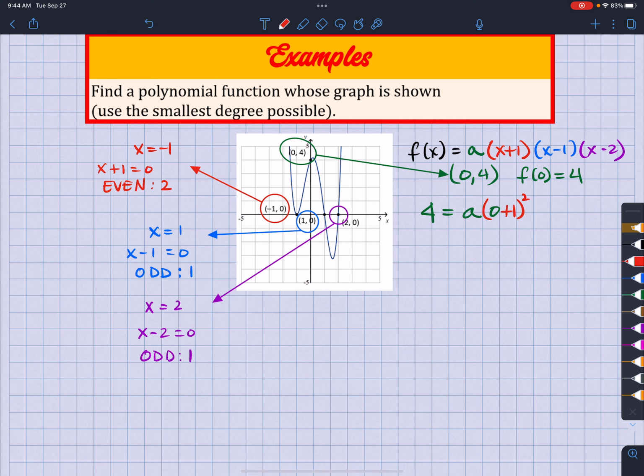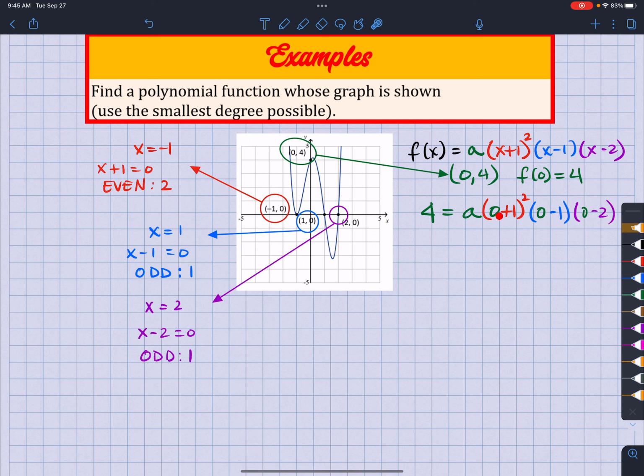Oh, forgot the square, guys, because remember we said this was even. And then times 0 minus 1, which is to the first power because we said odd, and the smallest odd number is 1. And then 0 minus 2, also to the first degree because it's odd as well.